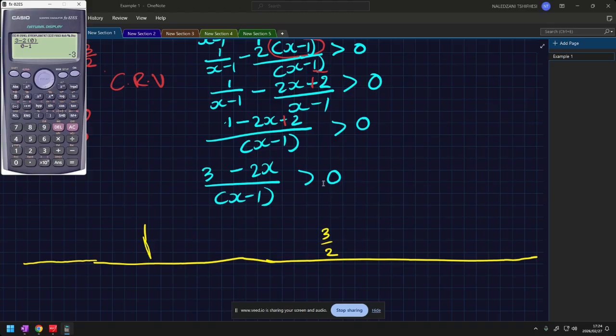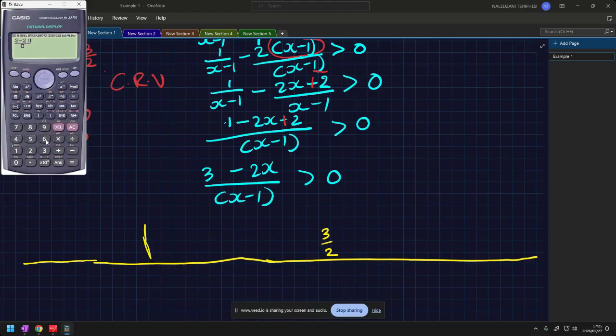Okay, let's check 3 over 2 in decimal. It's equal to how much? 3 over 2 is equal to 1.5. That means we are in the greater than 1.5. Let's place 3 minus 2, 1.